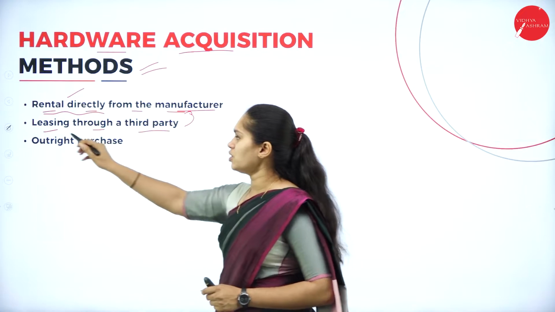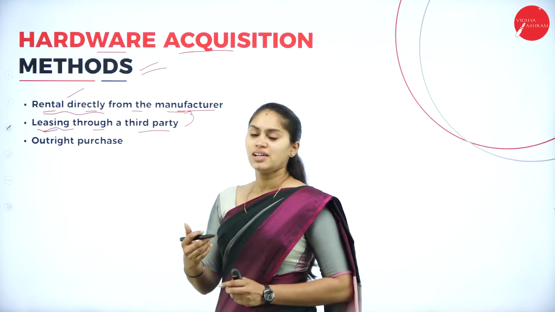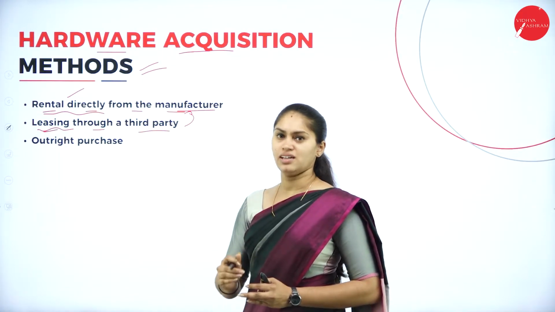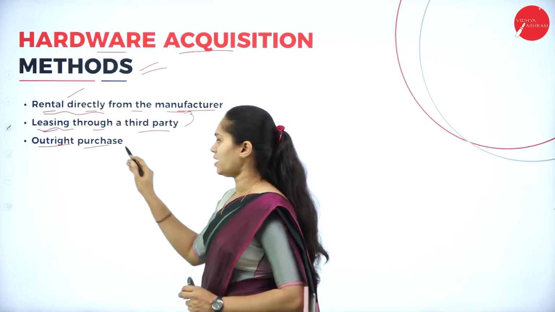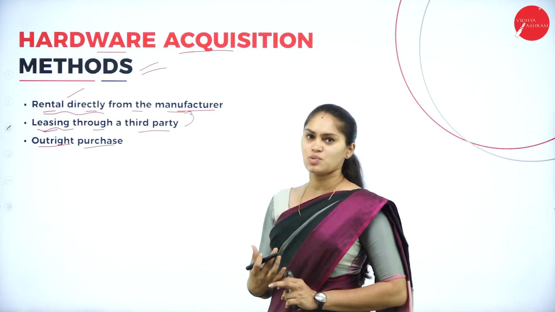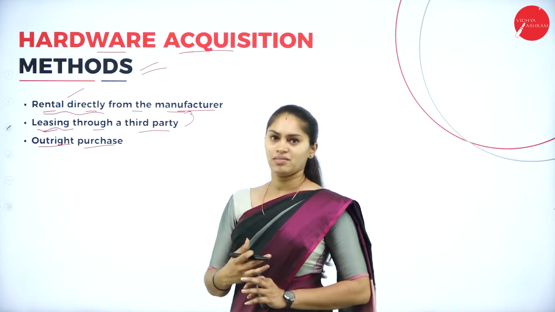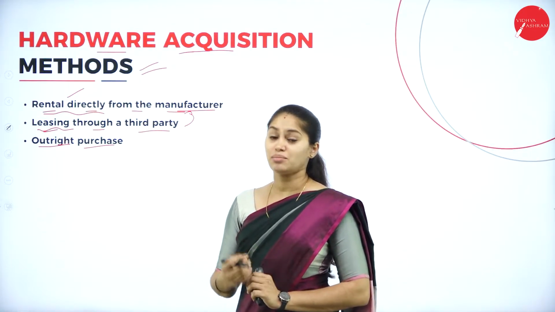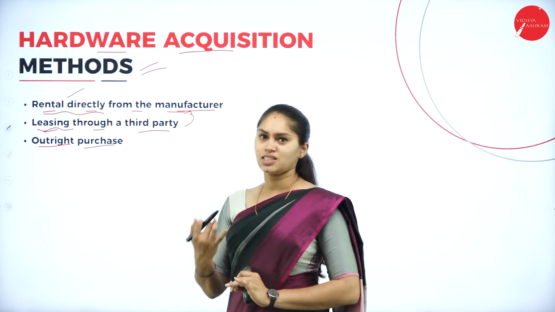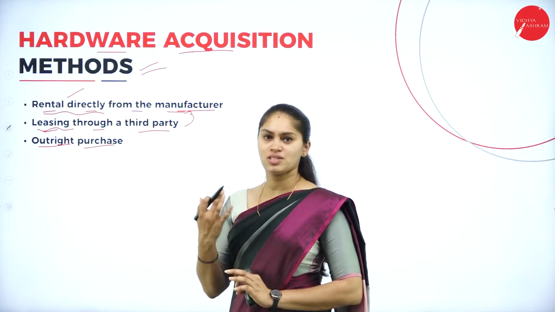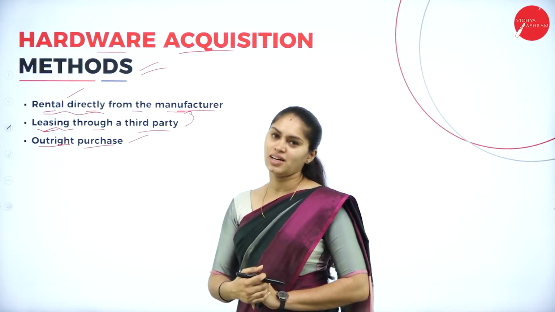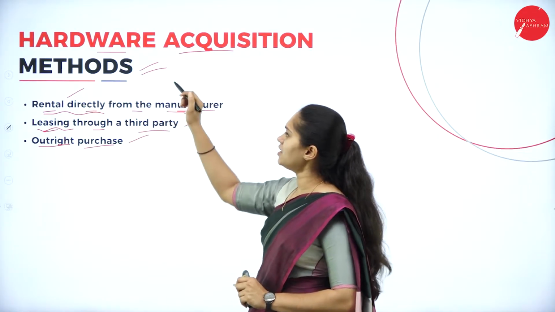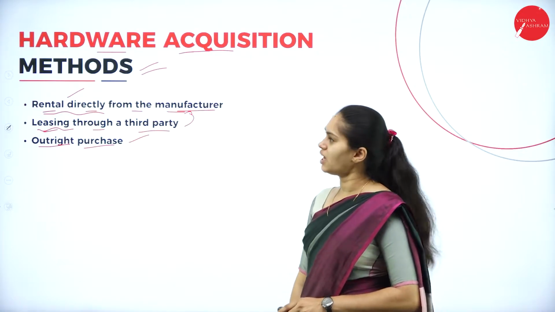Leasing could take place over some years or some months. Next, outright purchase. So what is this outright purchase? We are owning the hardware device for the information system, but it has to obey the taxes and all the policies; a set of rules and regulations needs to be followed when purchasing the hardware devices. So these are the methods of acquisition of the hardware.